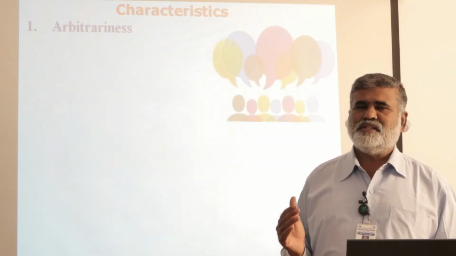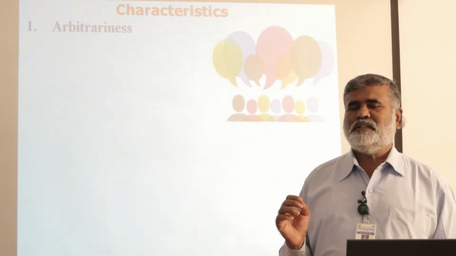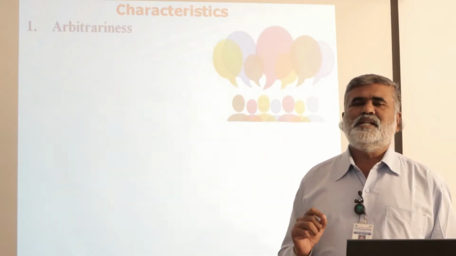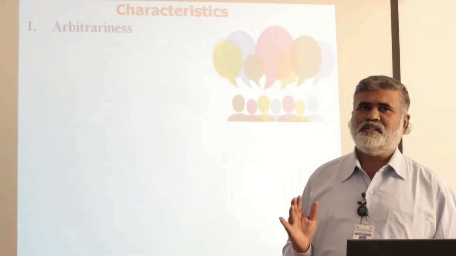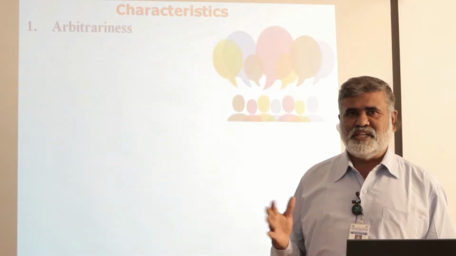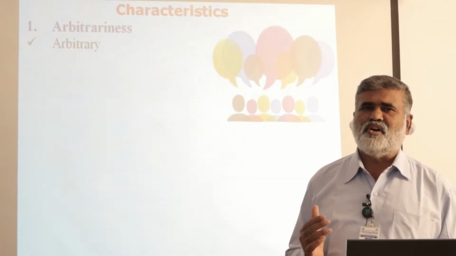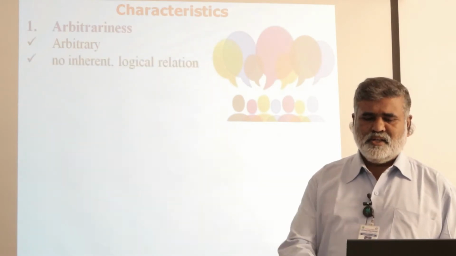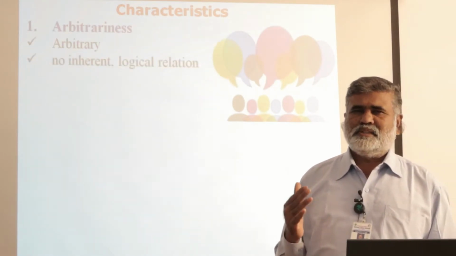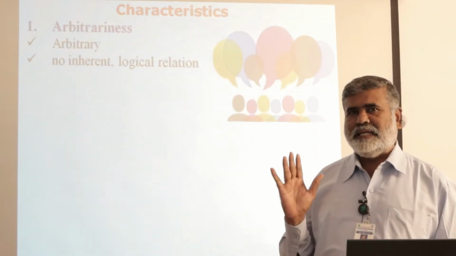So the language is not common, not logically developed; we have different names for different objects at different stages. So here language is called arbitrary, and language is not inherited.